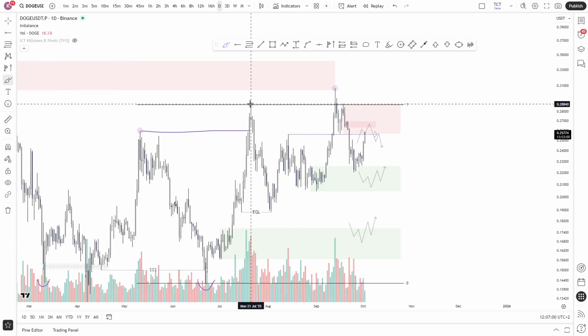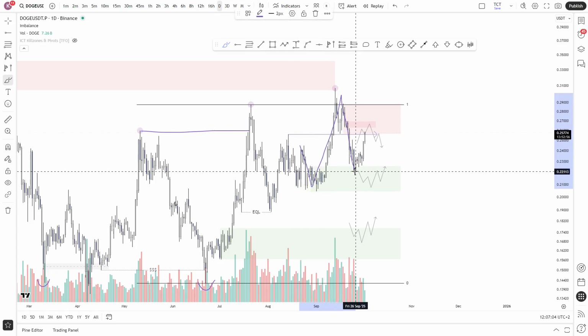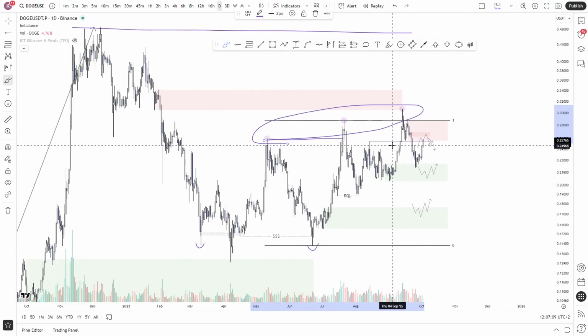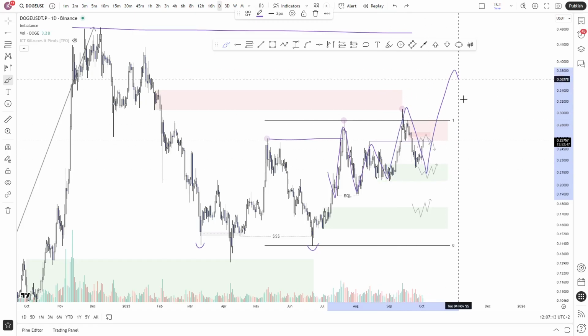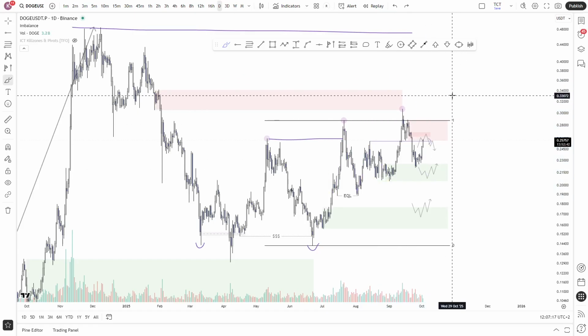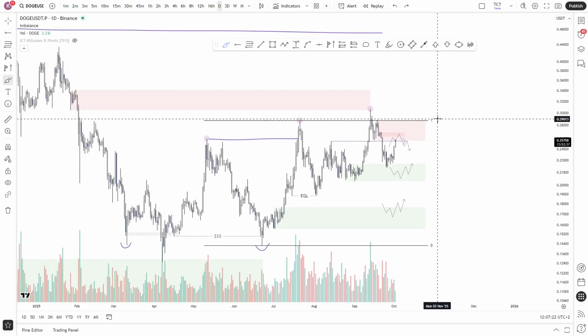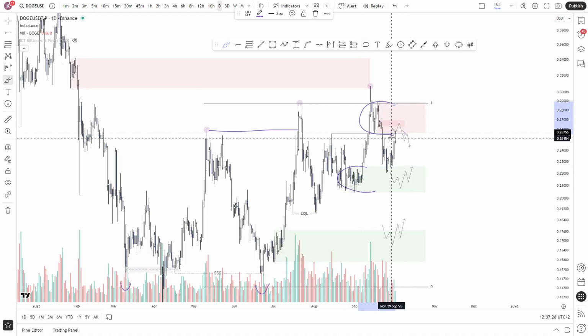Even if we start drawing in our structure right here, we're still making these higher highs and higher lows. Even though we are hunting our highs, we are keeping our trend really strong, and as long as we are, we can only expect upside from here. There are two zones I'm watching at the moment, and that is this demand and this supply right here.